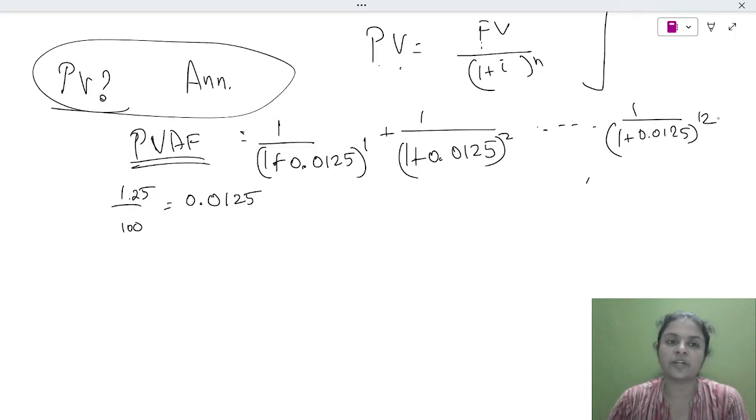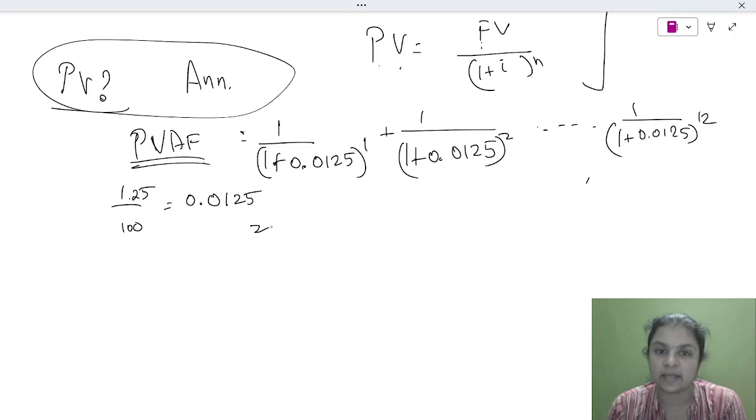Now how to do it in your calculator? Let me give you the shortcut directly. This works in most calculators. 1 divided by 1.0125 equal to, then press M plus. Similarly, 1 divided by 1.0125 again divided by 1.0125, press M plus.